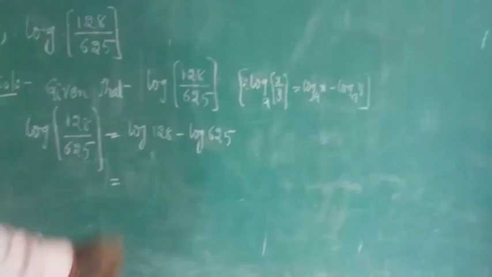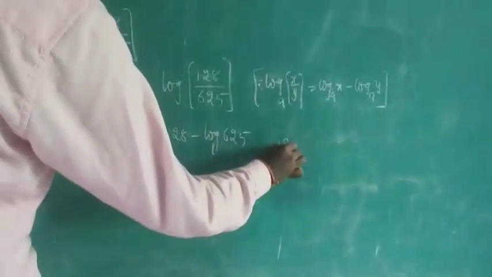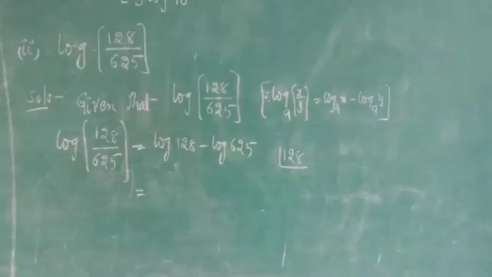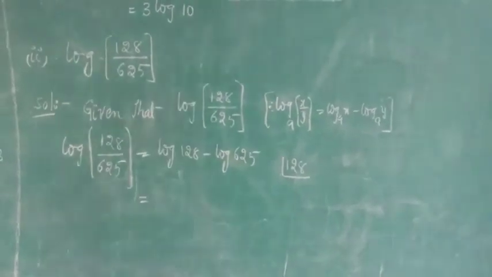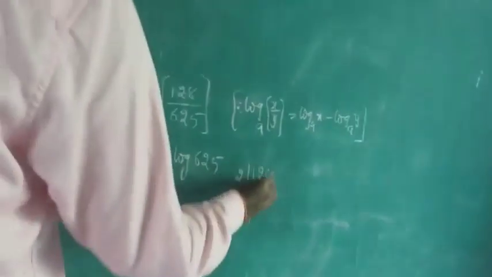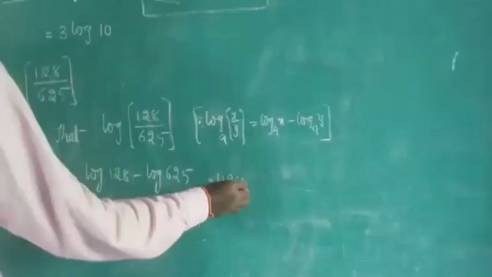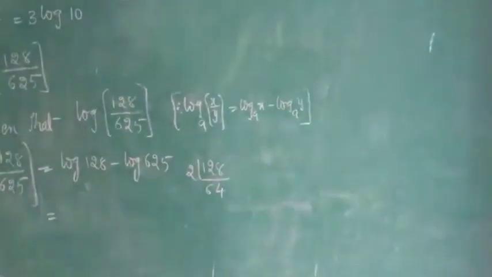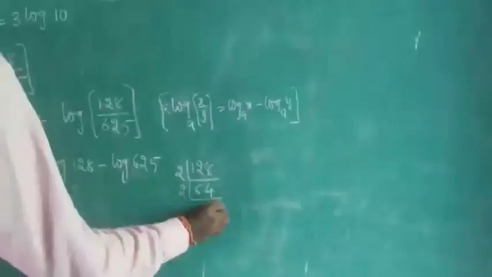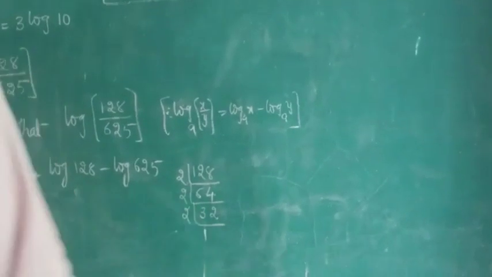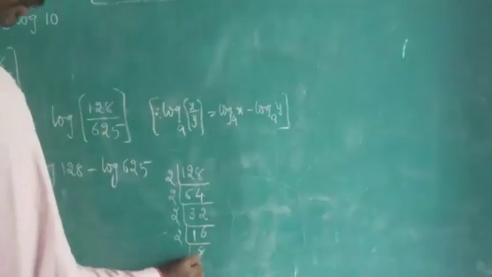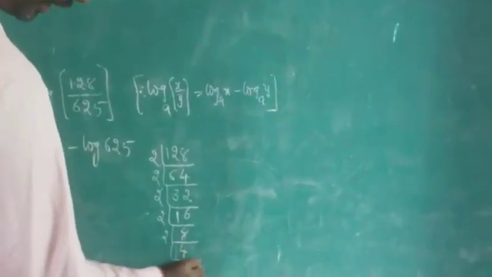Depending on this formula, I am doing this. So you have to do the prime factorization of 128, then only it is easy. The last digit of 128 is 8, so take the 2 tables. 2 6s are 12, 2 4s are 8, 2 3s are 6, 2 2s are 4, 2 1s are 2, 2 6s are 12, 2 8s are 16, 2 4s are 8.